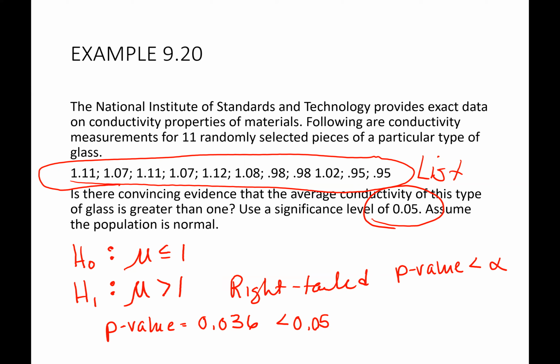So since we rejected the null hypothesis, we say that our data supports the alternative hypothesis. If you don't reject, then you say your data doesn't support the alternative. If you reject, you say your data does support the alternative.